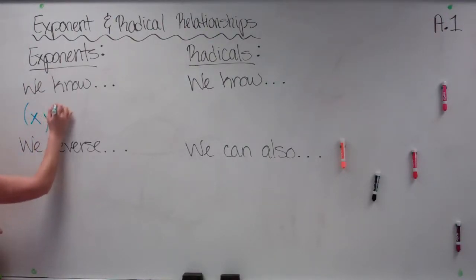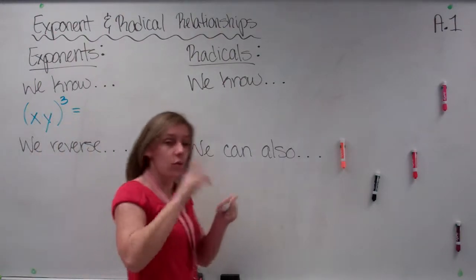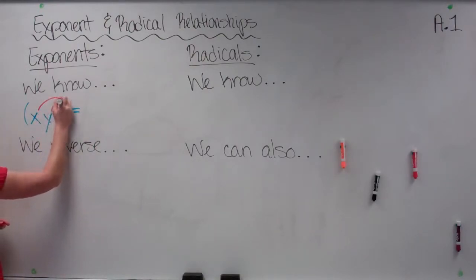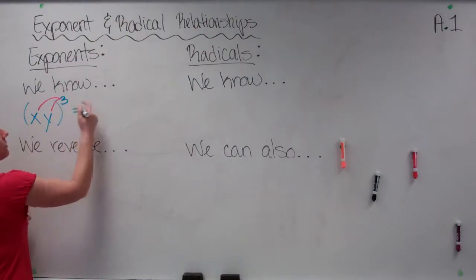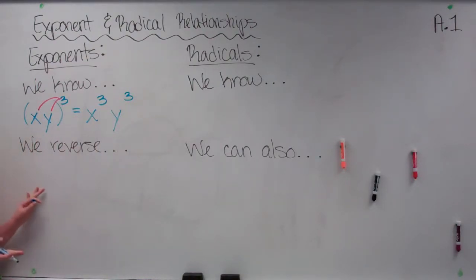In exponents, we know that if I were to take xy to the third power, that really is just, quote, distributing, or that means that each one of these is to the third power, so therefore that would be x to the third times y to the third. Okay, so we already know that one.